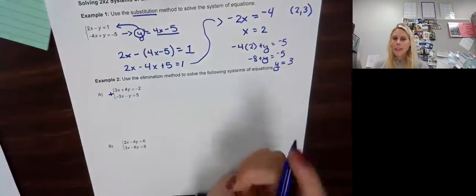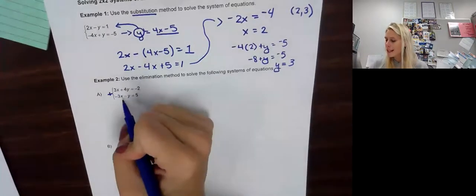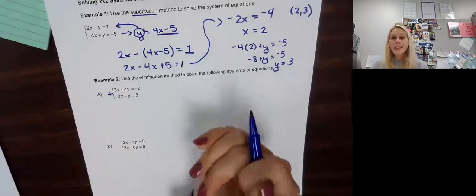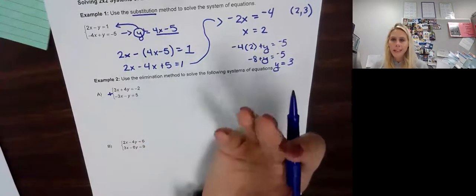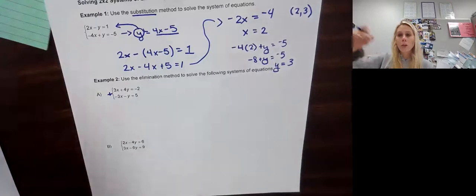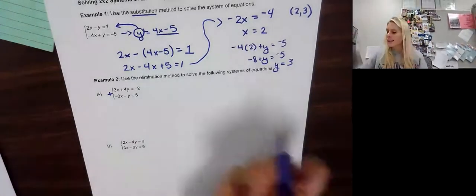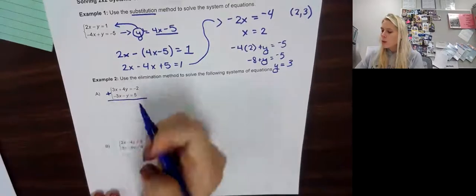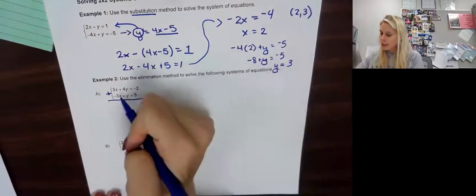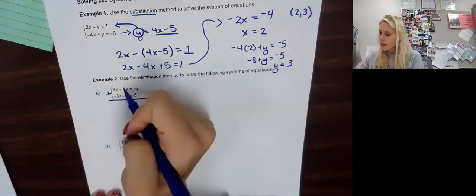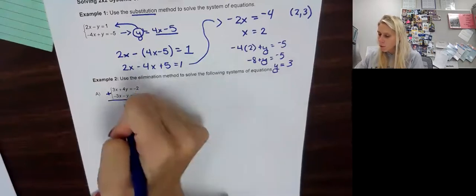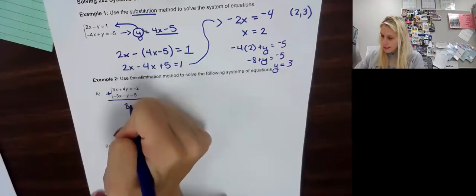We would add straight down because 3x plus negative 3x is 0. Now, if they were the same, if it was 3x and 3x, we would subtract, okay? Because the idea is to get rid of it. So we're going to add straight down in this case. These cancel. 4 plus negative 1 is 3y.